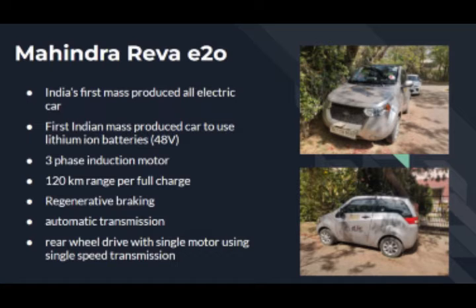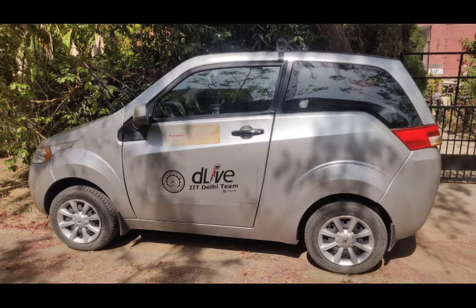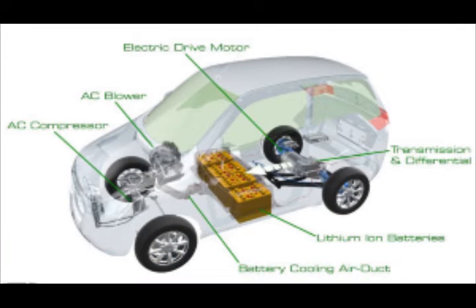So now we look at where the drive system of the Mahindra E2O is located. The given schematic shows the positions of the various elements which compose the drive system. First of all, the electric drive motor is located towards the rear of the vehicle because, as we discussed earlier, the Mahindra E2O is a rear wheel drive vehicle.